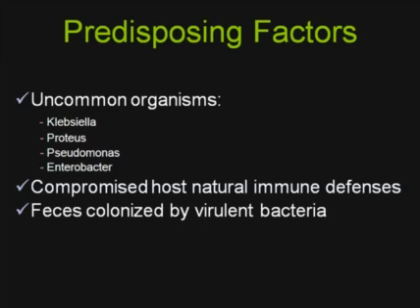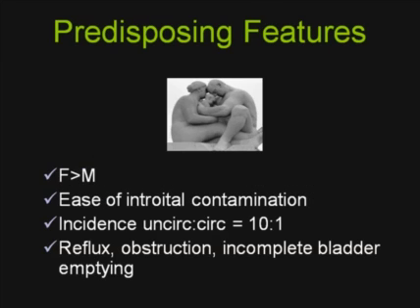Some uncommon organisms can predispose to urinary tract infection, things like Klebsiella, Proteus, Pseudomonas, Enterobacter. If there are compromised host natural immune defenses, or if the feces are colonized by virulent bacteria, there may be a higher chance of urinary tract infection.